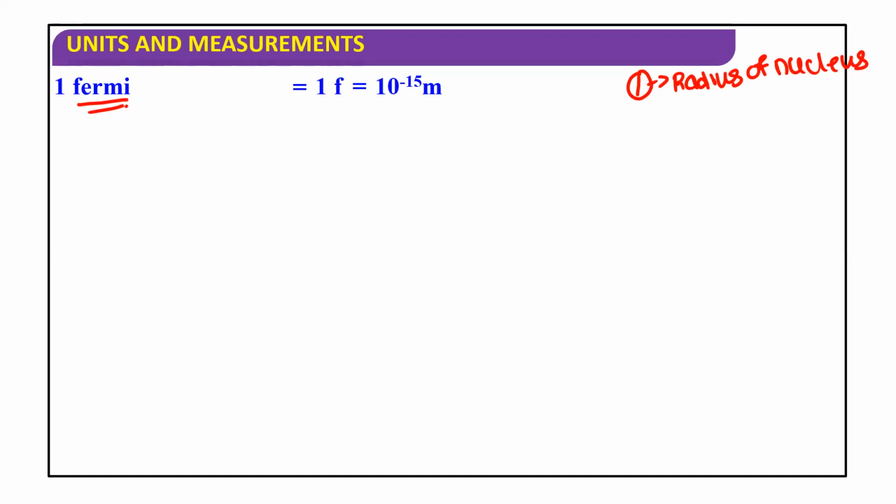Writing the heading ranges of length, you may note this: 1 Fermi is equal to 10 to the power minus 15 meter. Below, you may write that this unit is used to express the radius of a nucleus. Done.